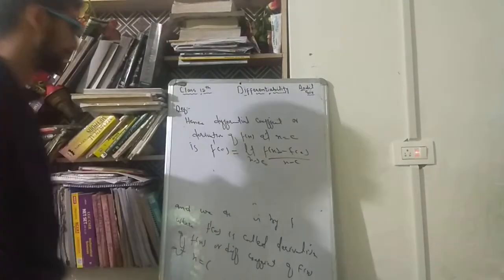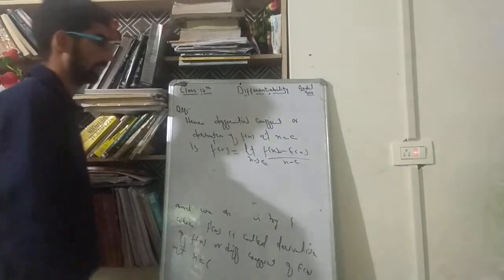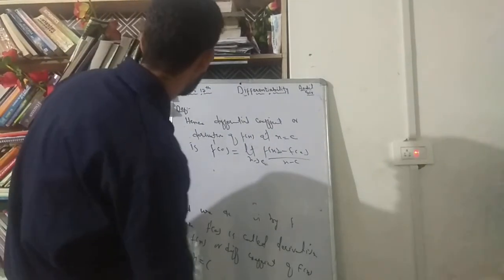So this is the definition of derivative or differentiability of a function at a point.